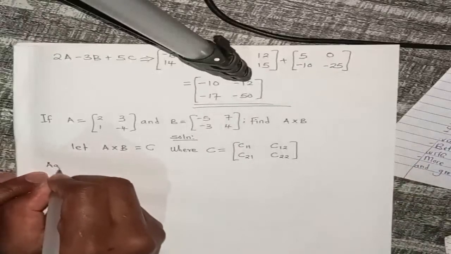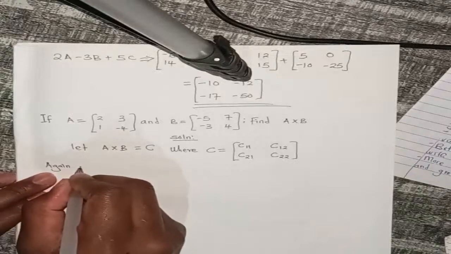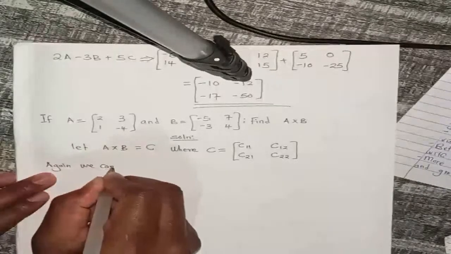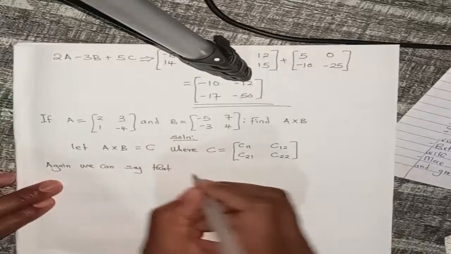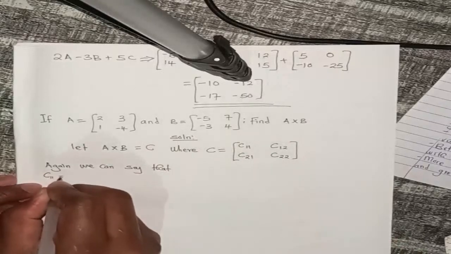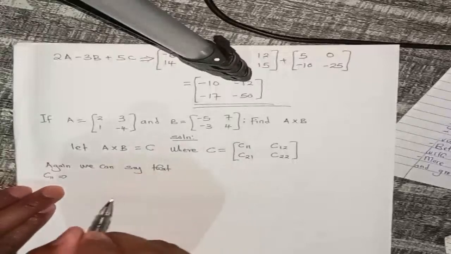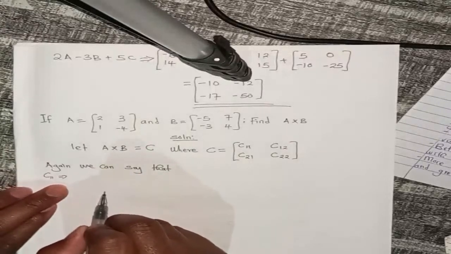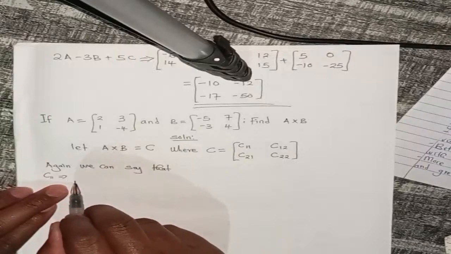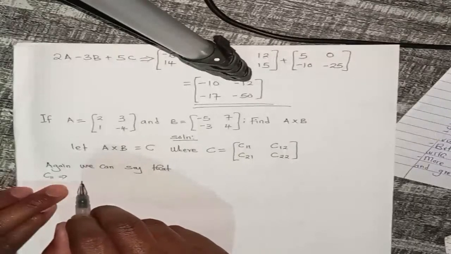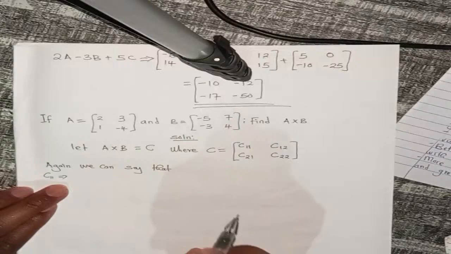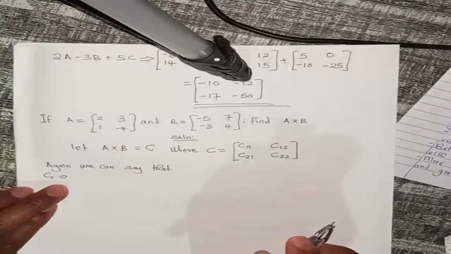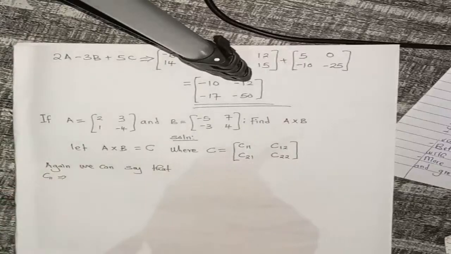So again, we can say that C11 is equivalent to the sum of the products of the first row elements of A and the elements of B taken one at a time.